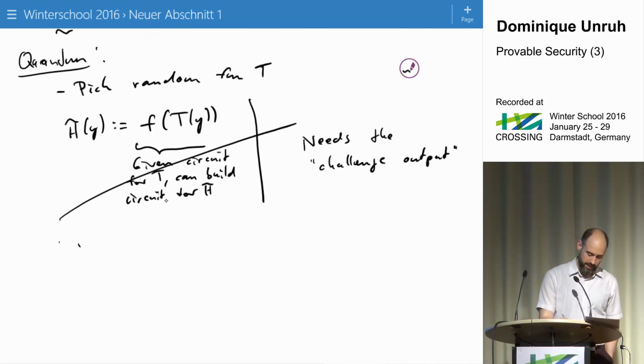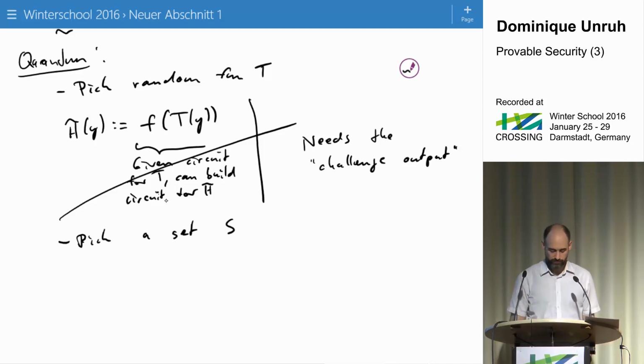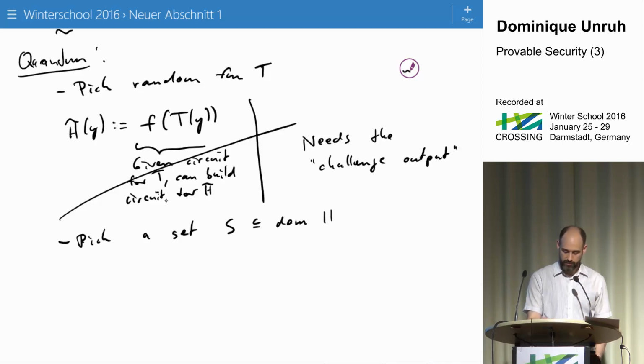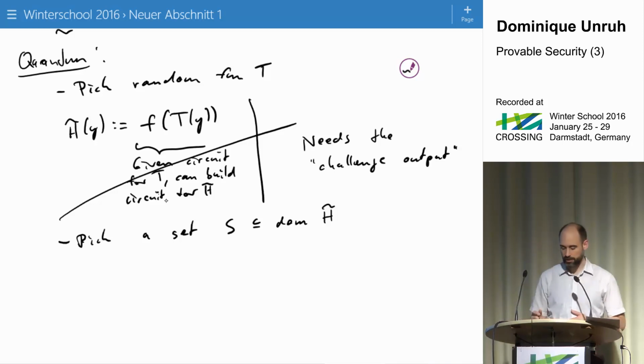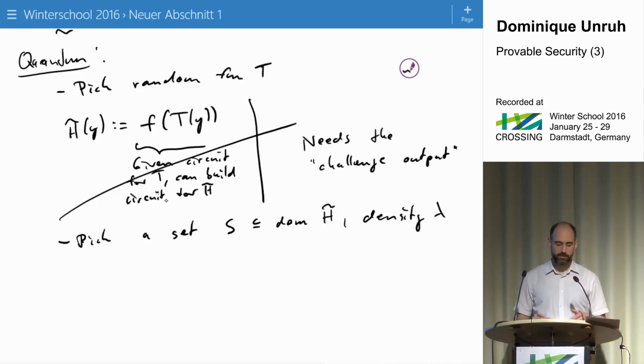We additionally pick a set S, which is a subset of the domain of the random oracle. So we pick a subset of the positions of the random oracle of density lambda. So we don't pick the whole random oracle, we don't pick all outputs, but we don't pick just one. We pick a reasonable fraction of the inputs, not too many, not too few.